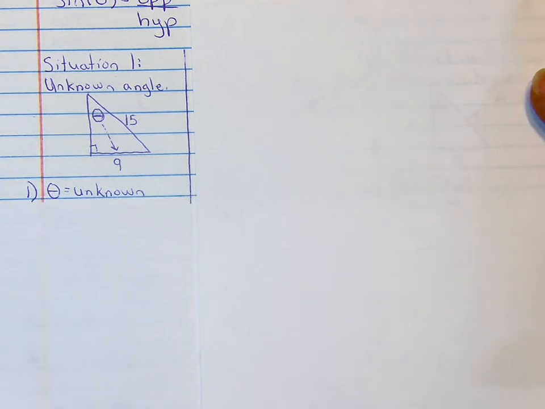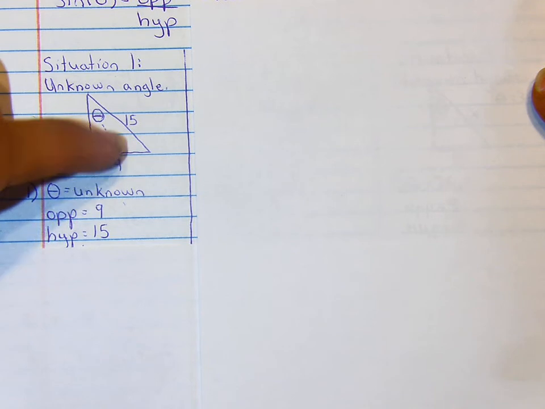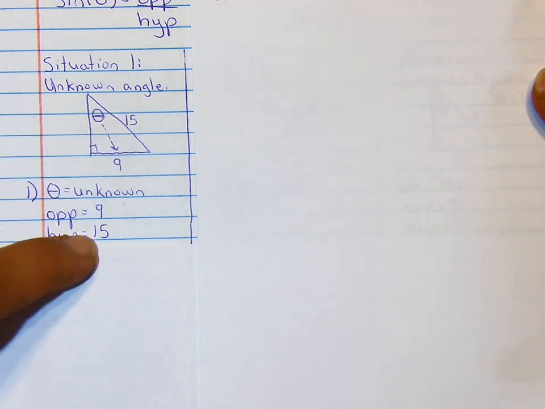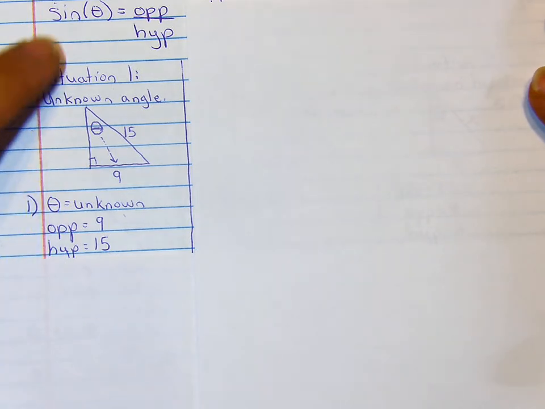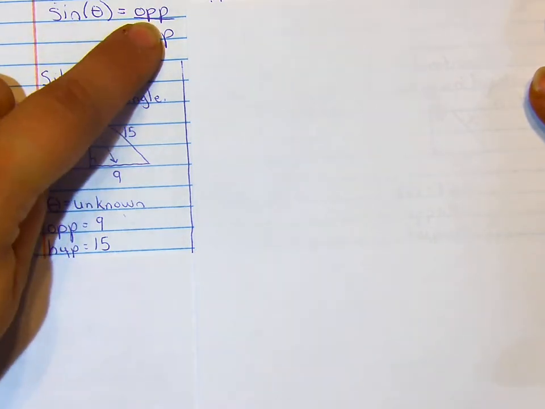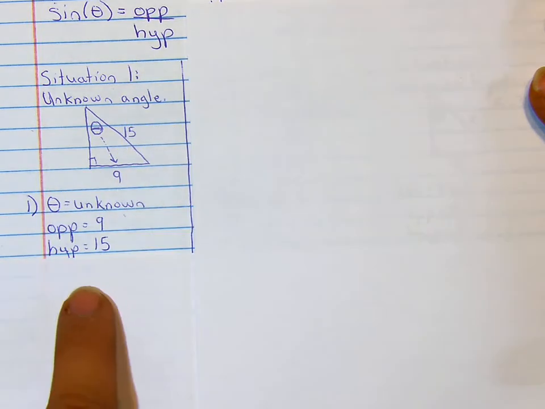Again, please feel free to pause the video. The first thing I'm going to do is identify my pieces. Step 1: my angle is unknown, my opposite is 9, my hypotenuse is 15. Remember, our formula says the sine of theta is equal to our opposite divided by our hypotenuse.